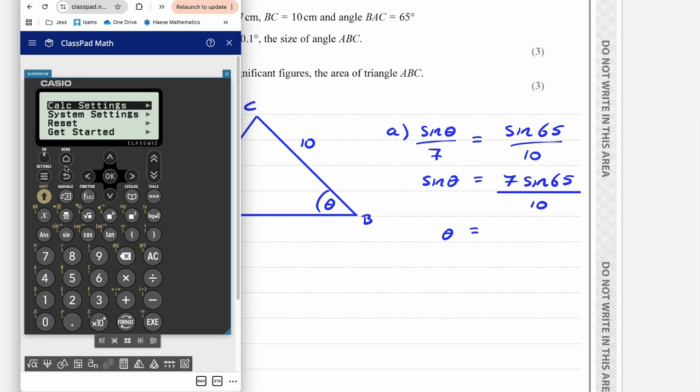I need to be in degrees. Okay, go home again. Now I'm in degrees. I want the inverse sine, so shift sine, inverse sine. I want a fraction. I want 7 times sine of 65 over 10.